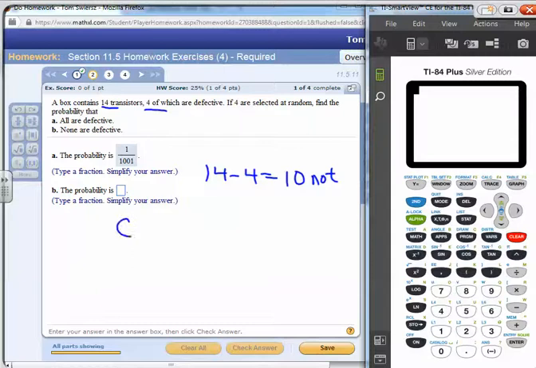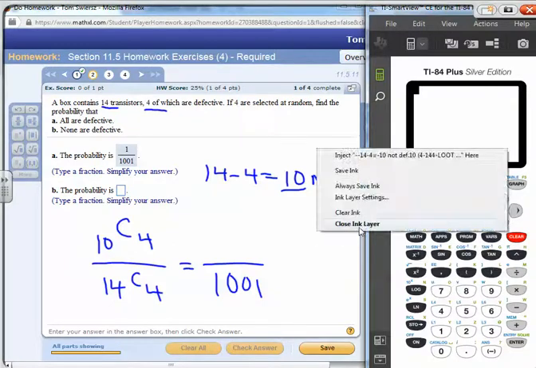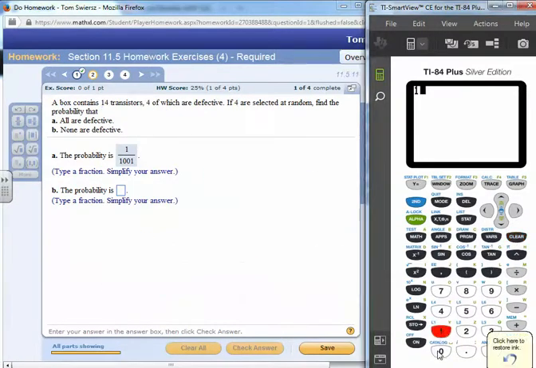We've got combinations again. We've got a total of 10 that are not defective, and we're selecting 4, and again, it was over the total of all of them, 14C4, which we did a minute ago, was 1,001. So now I've got to do 10C4. And we already know the denominator is 1,001 from previously.